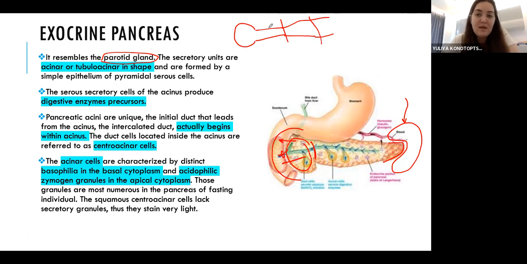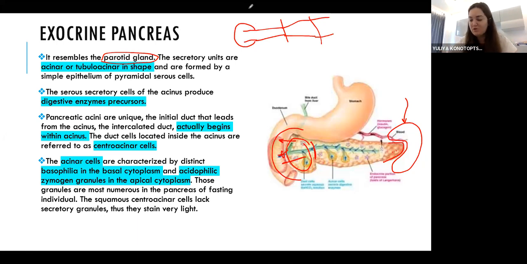For example, the intercalated duct of the exocrine pancreas actually begins within the acinus. It doesn't begin outside of it, it begins within. So here, this is your parotid gland. If it was exocrine pancreas, how would you draw it? Just a little bit this way. It begins within the acinus.